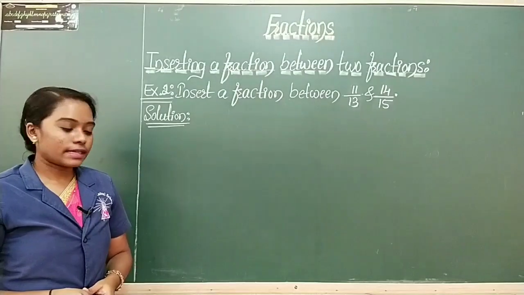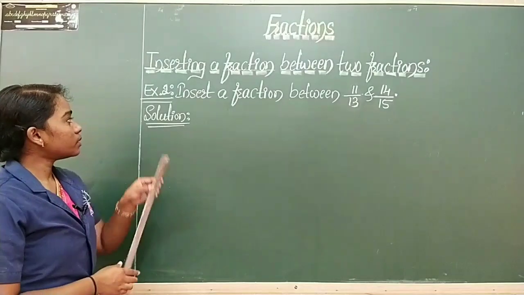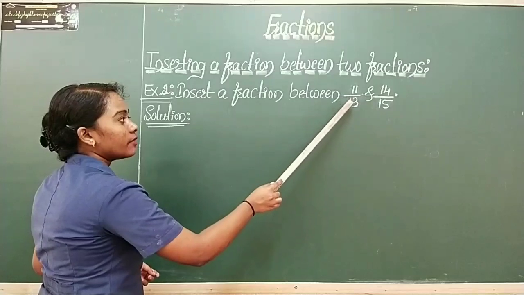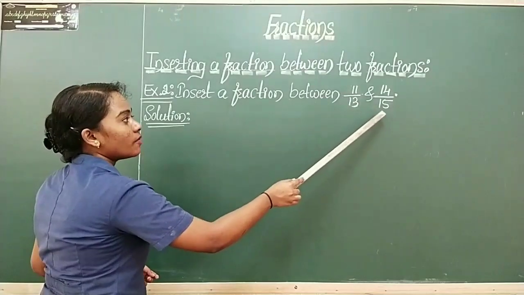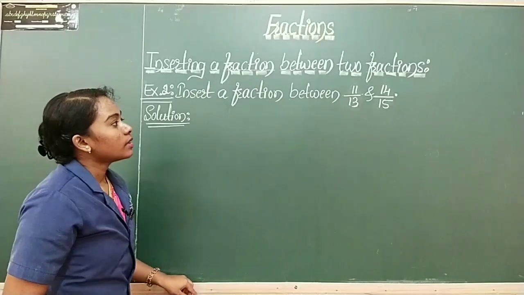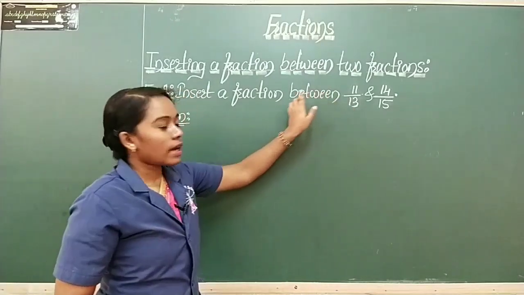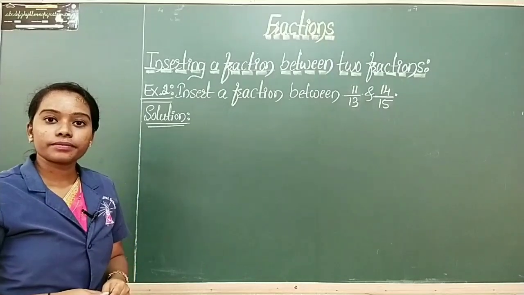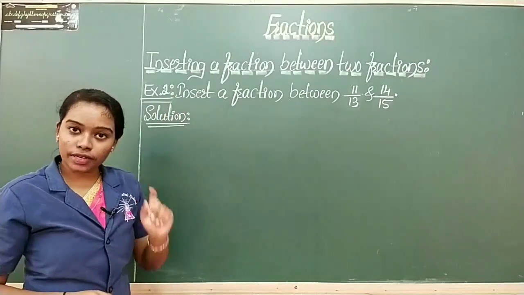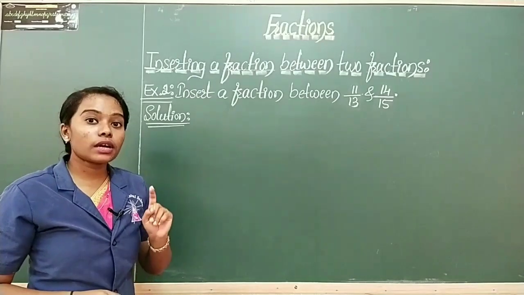Let's solve one more example. Example 2. Insert a fraction between 11 by 13 and 14 by 15. See here, these are unlike fractions. To insert a fraction between two fractions, first we have to compare them.